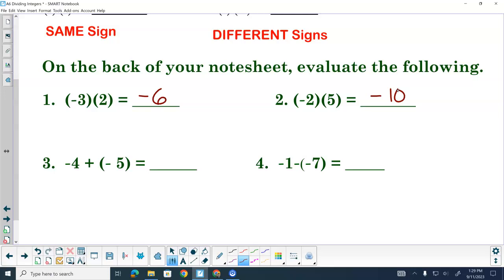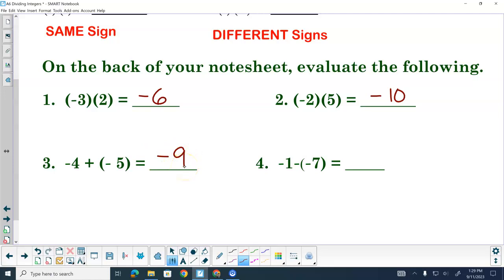Addition. So we start at -4. Which direction on the number line am I going if I'm adding -5? We go down. Down 5 from -4 puts me at -9.